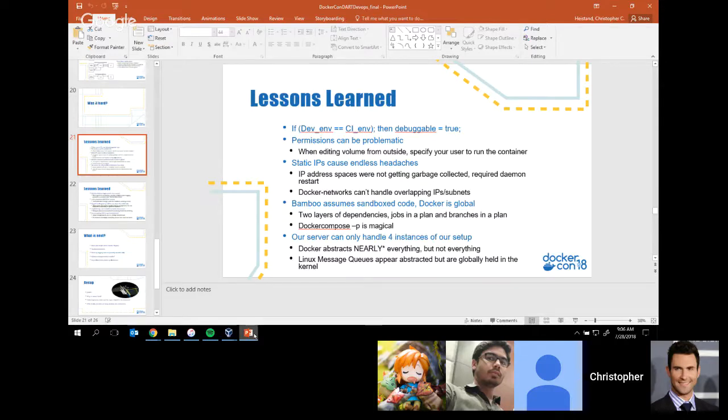We also try to make sure that we have vetted all of the containers that we're pulling down. There was a slew of security issues with tainted Docker images.